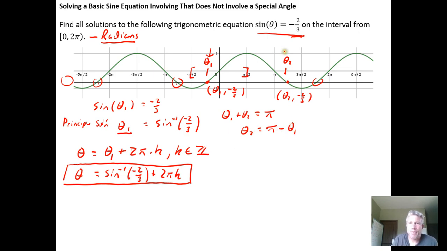So here's this guy right here. But any angle that's coterminal with theta sub 2 is also going to be a solution to this equation. So I'm going to get another set of solutions.